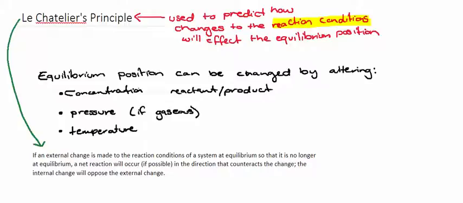So basically what that means is that whatever is done to the reaction conditions, the system or the reaction will change in such a way that does the opposite. So if you increase something, it wants to decrease it. So it will shift in a way that achieves that. So we'll have a look more specifically at some of these changes.